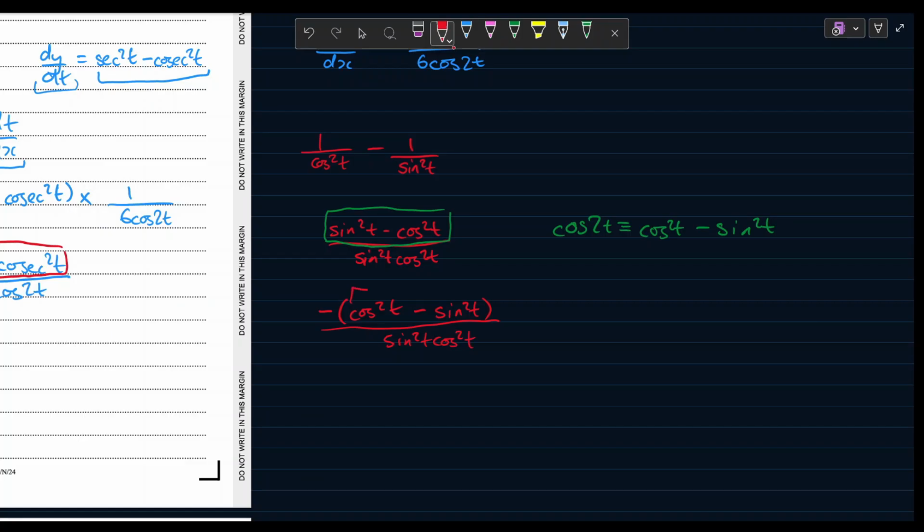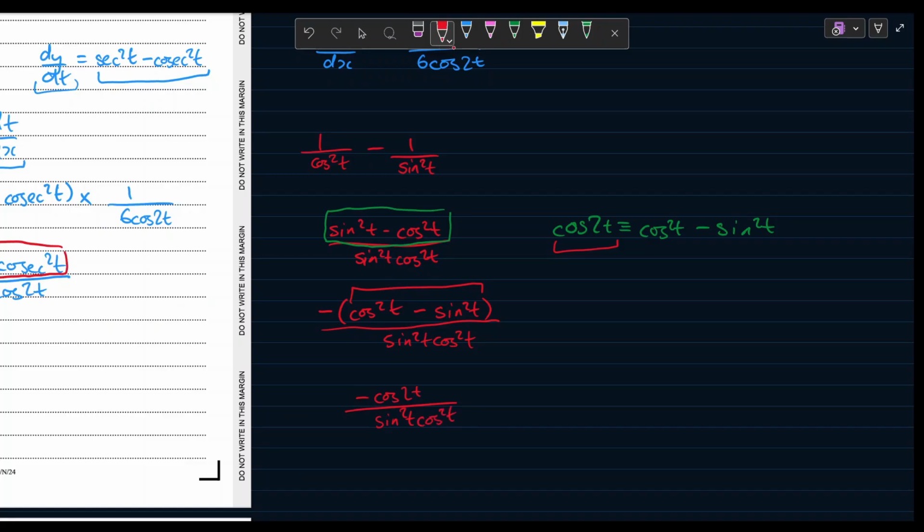So we can replace this part with cos 2t, so that what we have is negative cos 2t over sine squared t cos squared t.